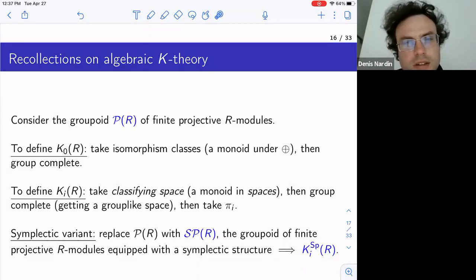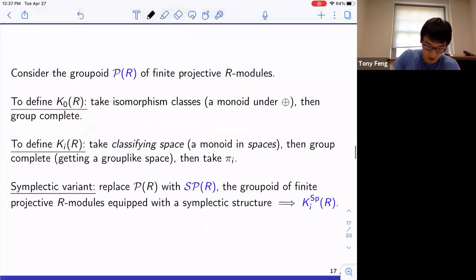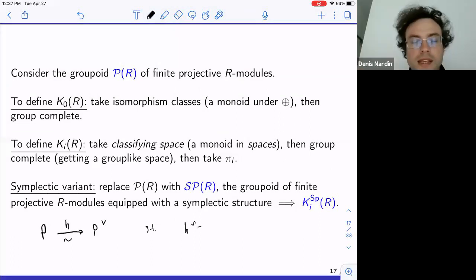Sorry, since we are over Z here, can I ask exactly what you mean by a symplectic structure? What I mean is the module, let's call it P. You want to give it an isomorphism with its dual, such that... Okay, so you don't mean, for example, that B(x,x) is zero, that it's alternating, or any others?